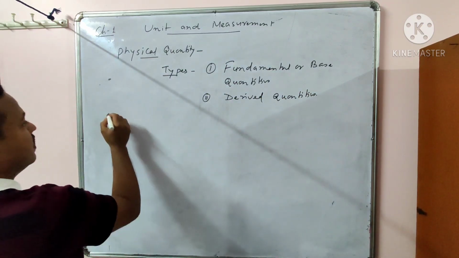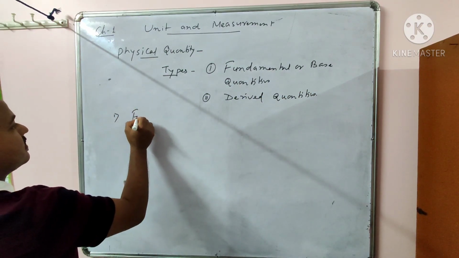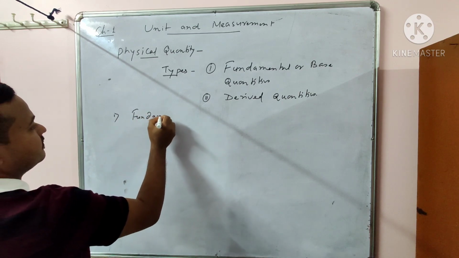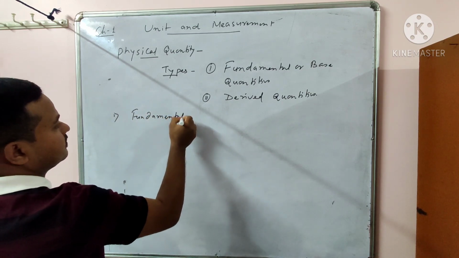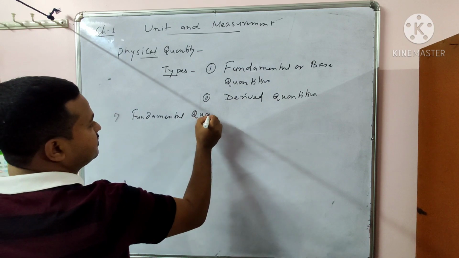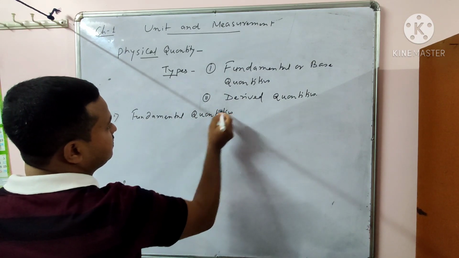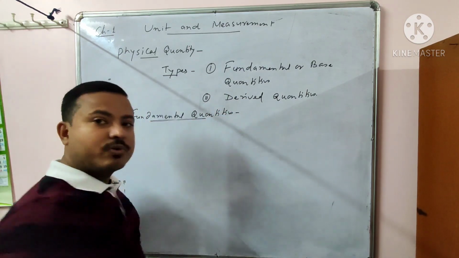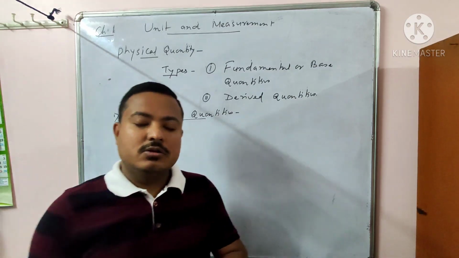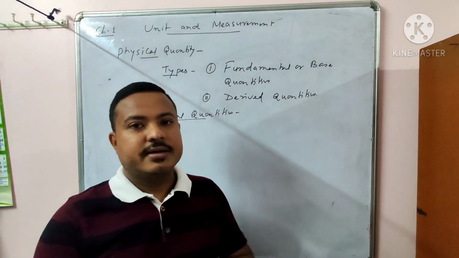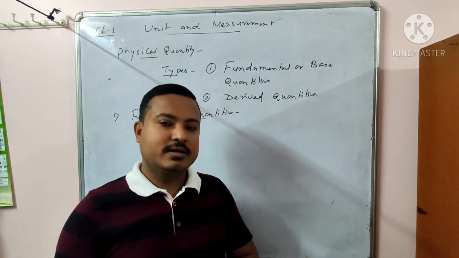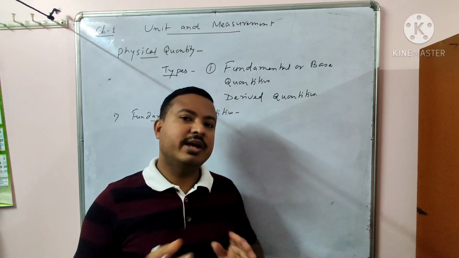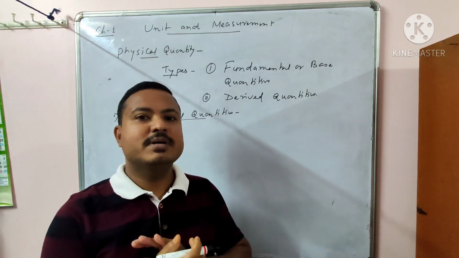Now, what are fundamental quantities? The fundamental quantities are the quantities which can be measured independently, that means without the help of any other quantities. They can be measured directly.